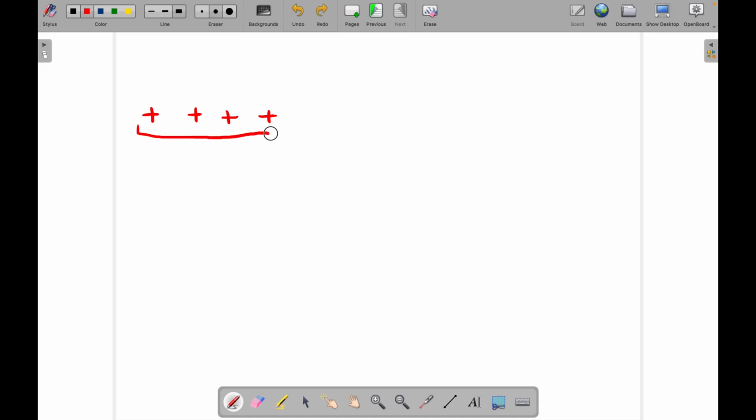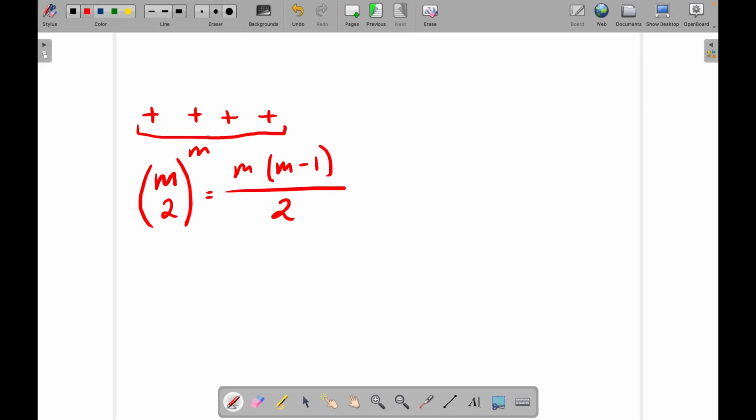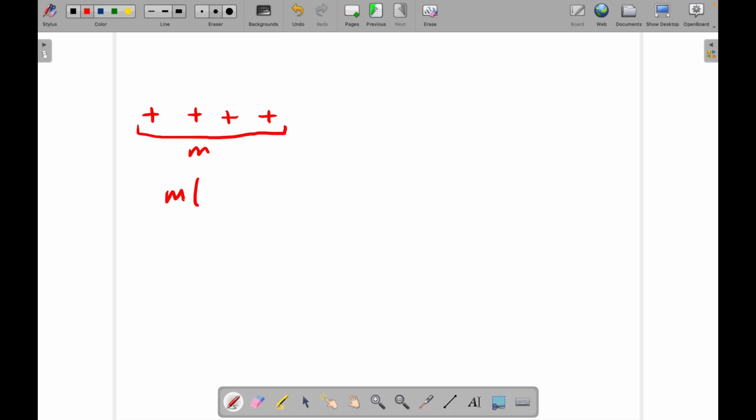If I have n consecutive positive numbers, then I'm going to have n choose 2... Let me just double check that real quick. Nope. I'm not going to have n choose 2. I'm going to have n plus 1 choose 2. Essentially, I'm going to have n times n plus 1 divided by 2. That is how many subarrays there are.